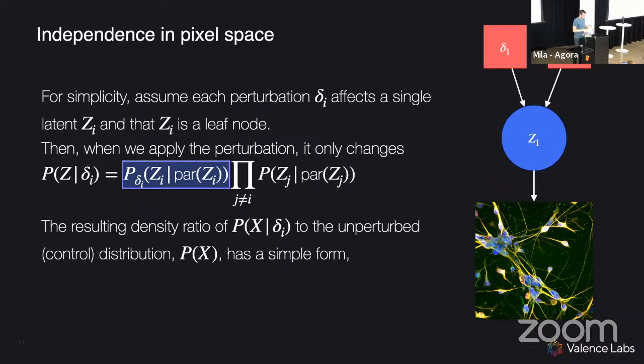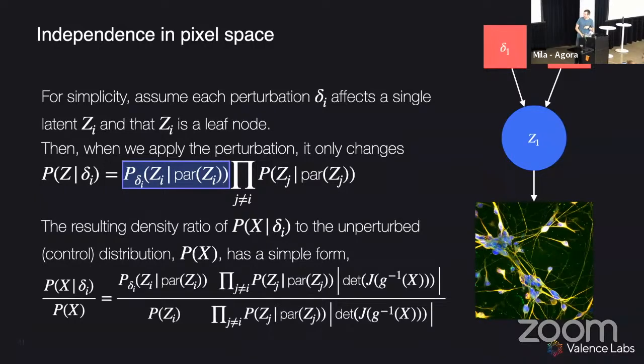And so if I look at the density ratio of the perturbed cells to the control cells, it's going to have a nice simple form under these assumptions, right? So I can just compare the perturbed to the control, from what we saw on the previous slide with the change of variable formula.